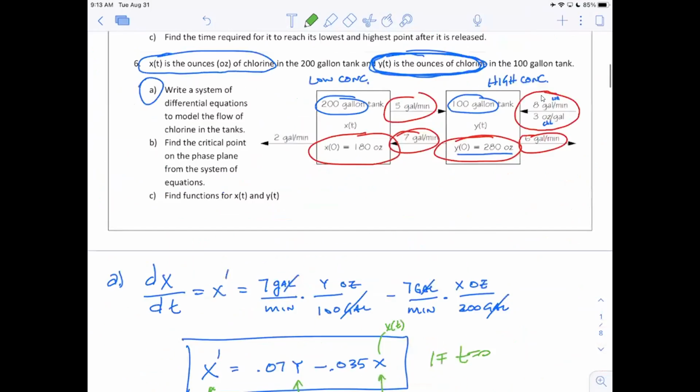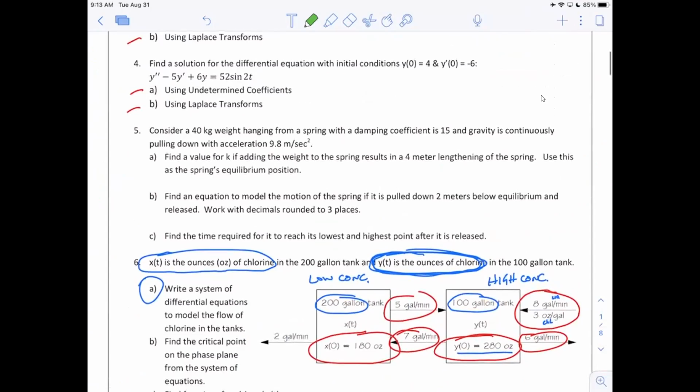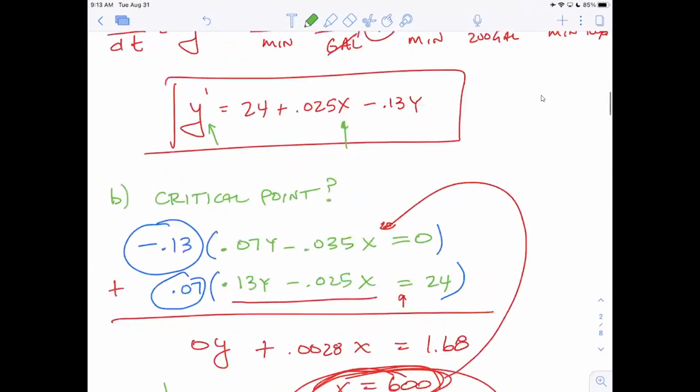Double checking. Oh my gosh, I remembered it.